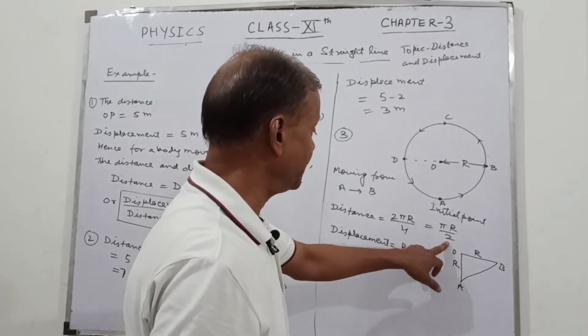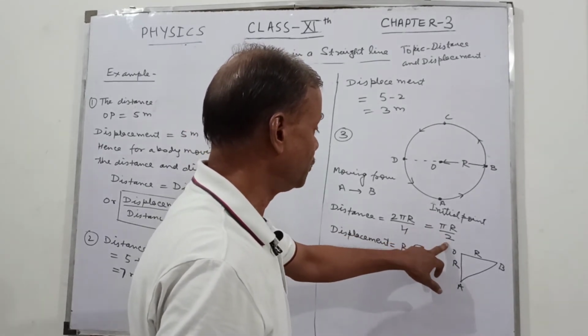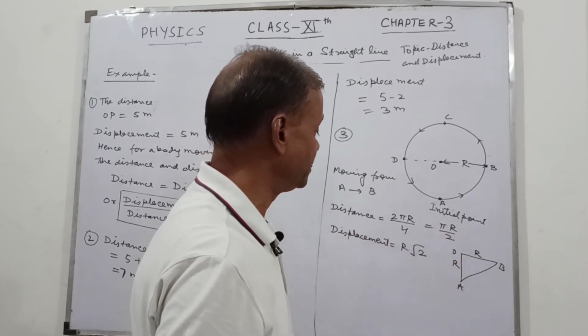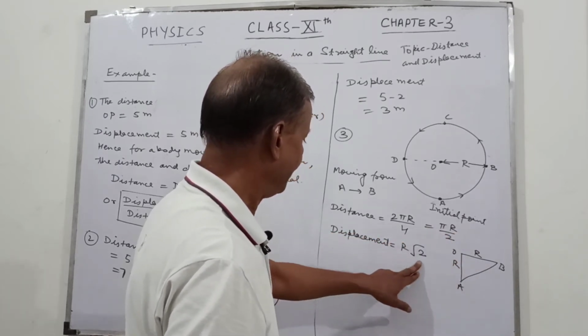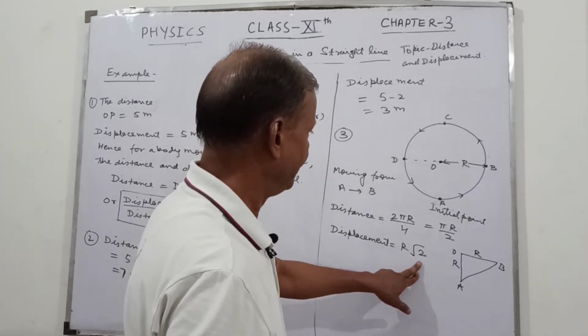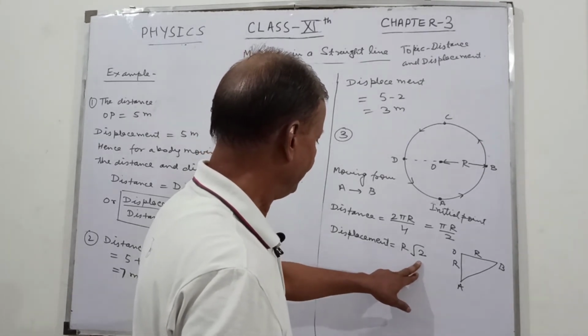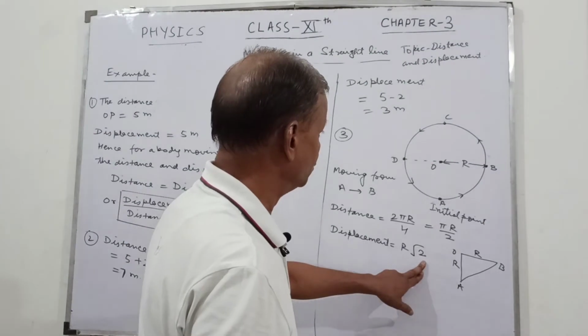This is now your 3/2, 3.14 upon 2. So this, if you divide, R root 2, right.